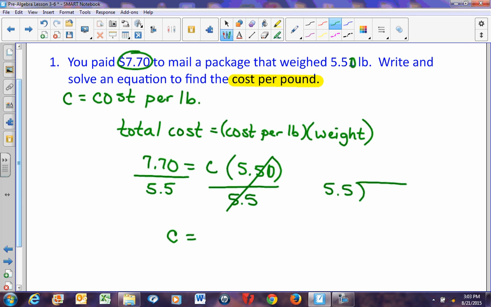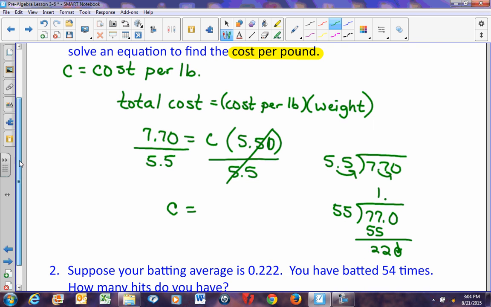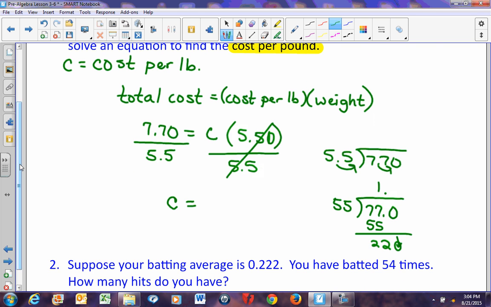5.5 dividing into 7.70. Move the decimal once, move the decimal here, so it's 55 dividing into 77.0. 55 will go into 77 one time. 22 left over. Bring down my 0. 55 goes into 220 about 4 times.